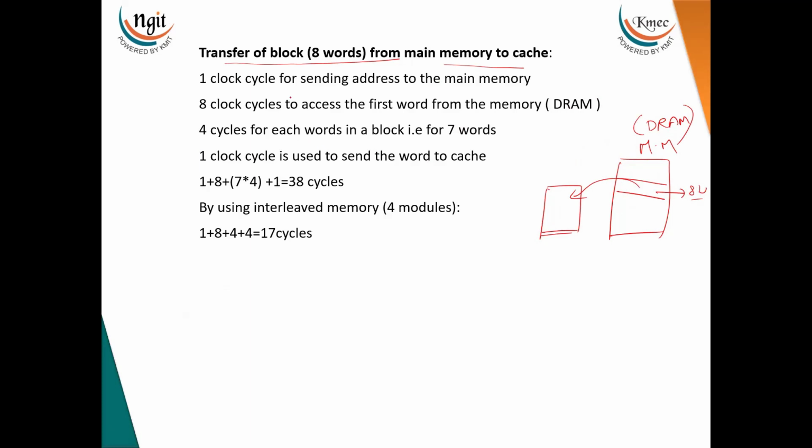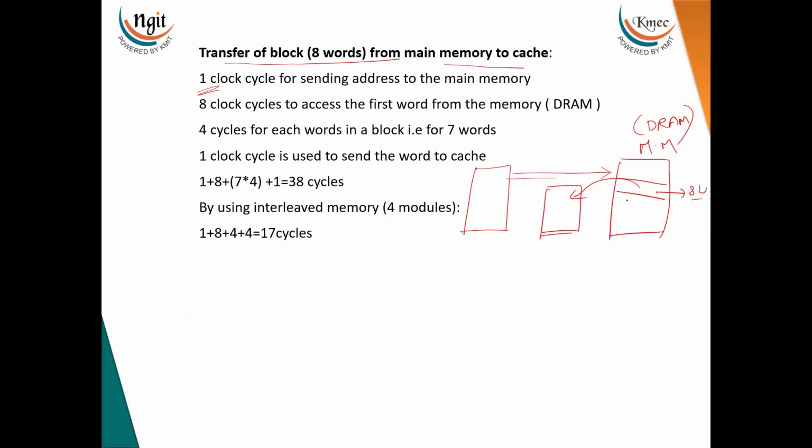Now these are the specifications given. One clock cycle is needed for sending the address to the main memory. When the processor generates the address, sending it to the main memory takes one clock cycle. And as we have already studied DRAM, 8 clock cycles are needed to access the first word from the main memory.